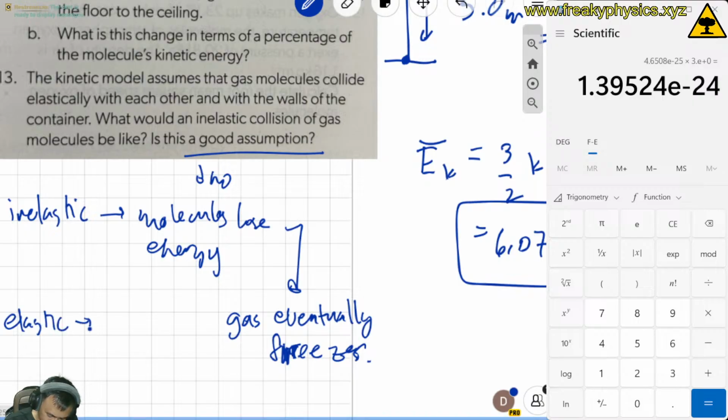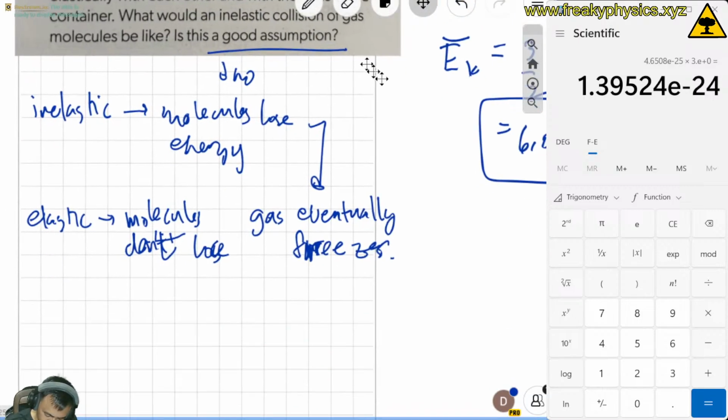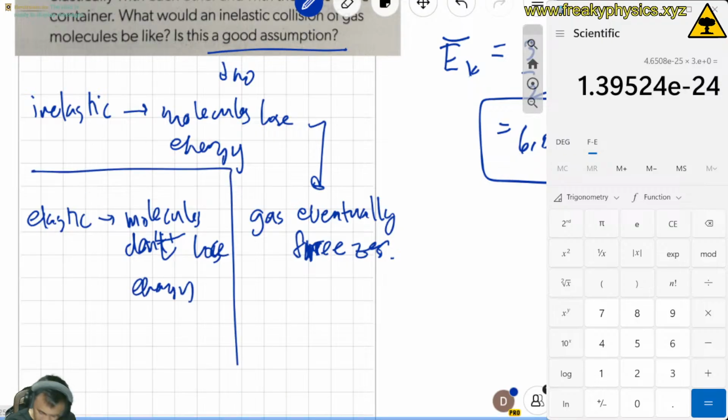Elastic means molecules don't lose energy, at least during the collision. Okay, energy during the collision. So, okay, clear? All right, let's move on.